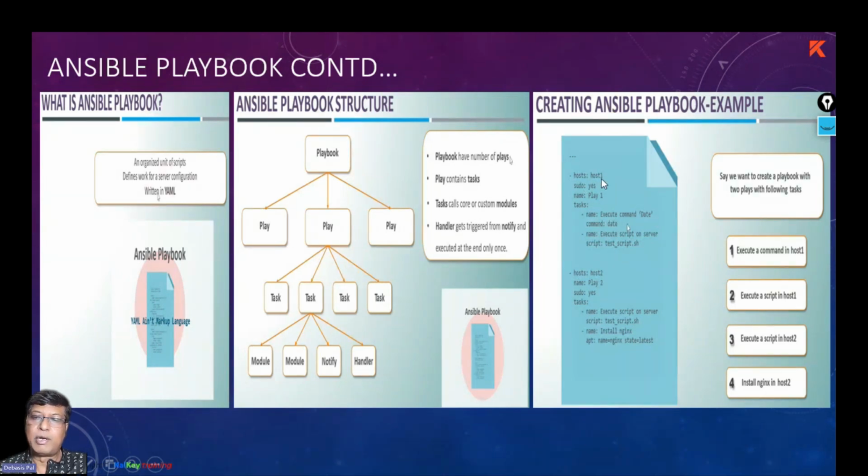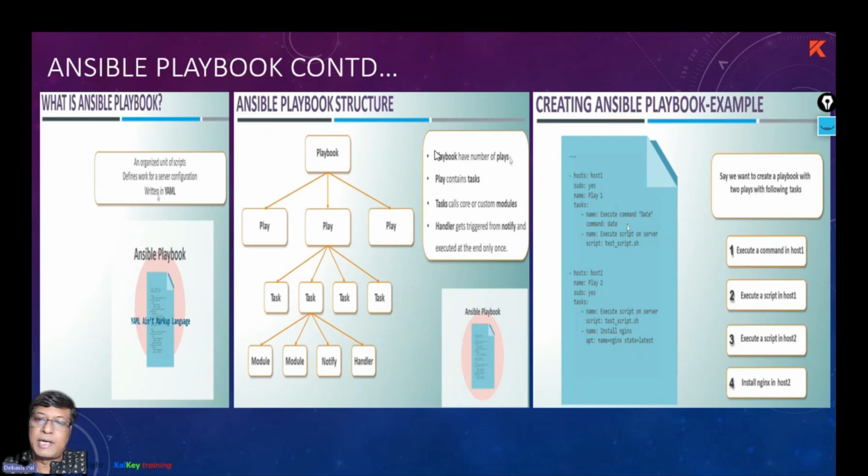So here you are connecting to host 1. Here you are connecting to host 2. And then you are naming it as play 2. You are saying that you have the privilege of sudo. What is sudo and all these things I will not discuss, because that is part of your greater learning.